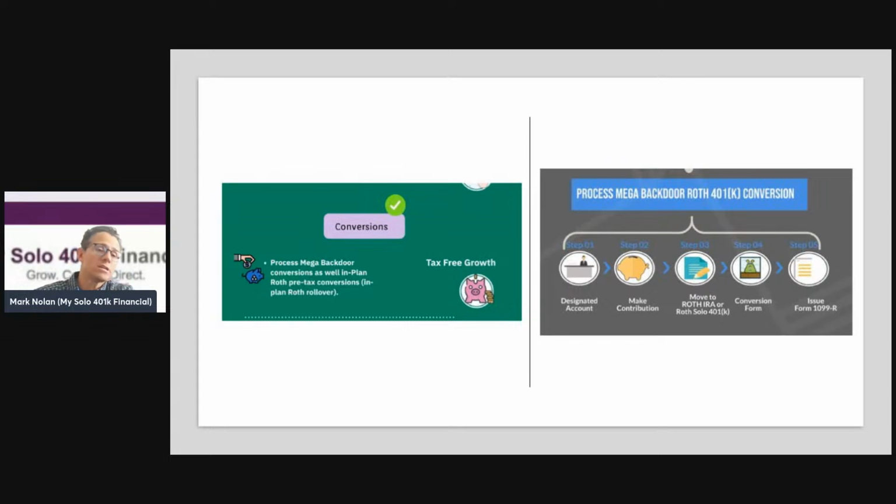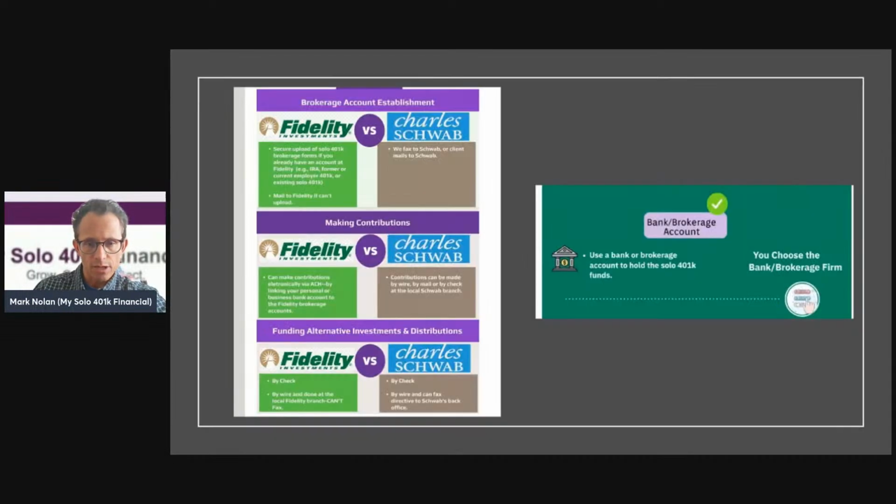And then step 4 is where you complete our online conversion form so that we collect the necessary information to populate that Form 1099-R, which is step 5, where we issue that Form 1099-R to Uncle Sam, and we'll provide a copy to you to report that conversion on your Form 1040. So that's how the mega backdoor Roth self-directed Roth 401k conversion works.